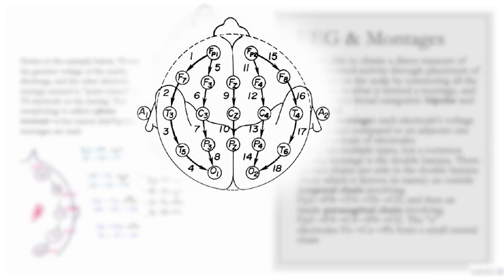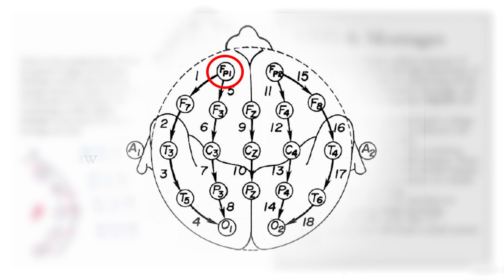For instance, if we look at FP1 and F7, that is the first pair. FP1 would be the reference, F7 would be the active electrode. Then the next pair along that chain, we have F7 and T3. F7 now becomes the reference electrode, and T3 becomes the active electrode.